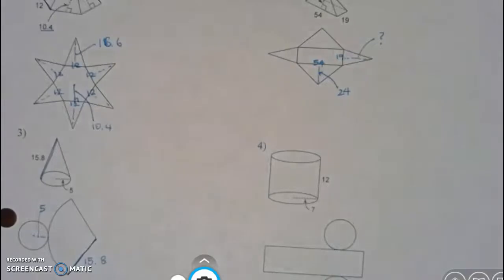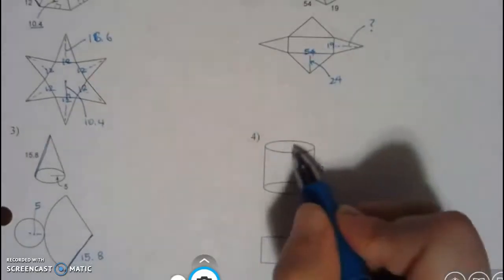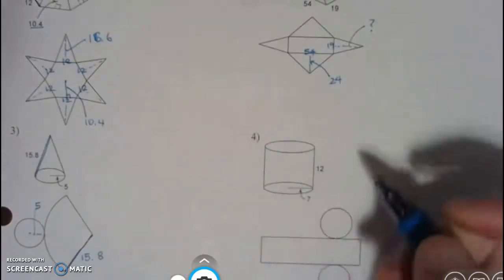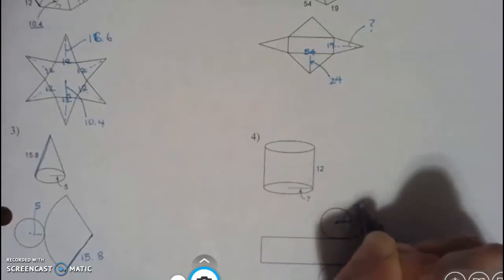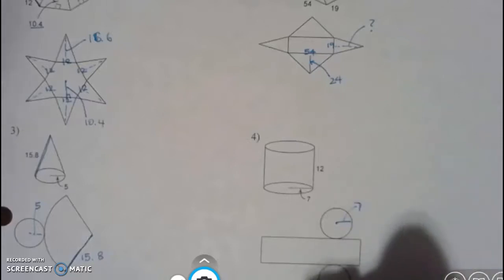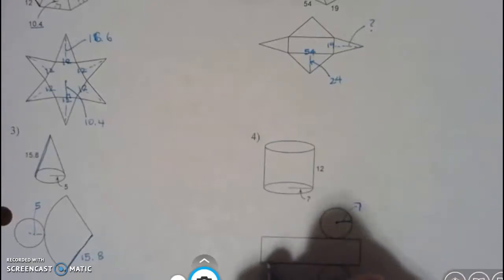And then number 4, it's a cylinder. And the base radius is 7. So the radius of the top circle and the bottom circle is going to be 7. And what is this length going to be?